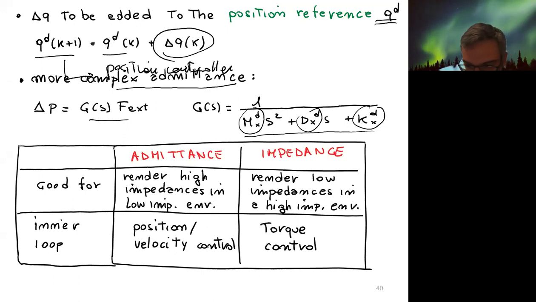And an important comment is that actually, admittance and impedance controllers have a duality also in terms of where to use them. So admittance controllers are good in presence of low impedance environment and are very good to render high impedances, so very small deviation.